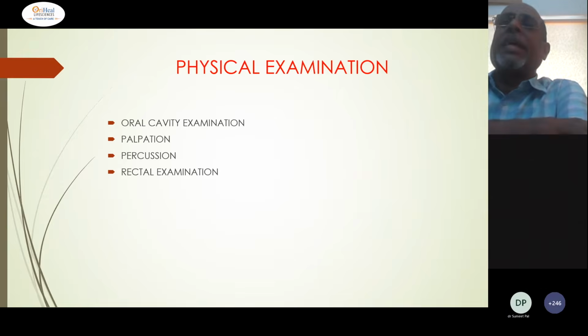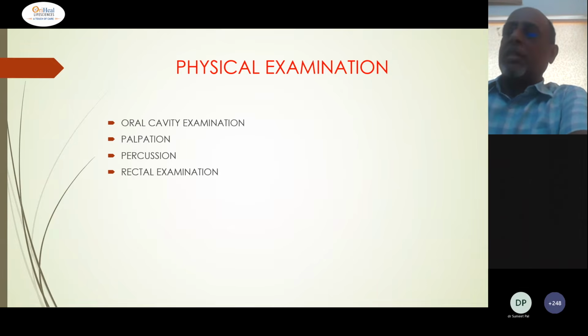And rectal examination to rule out all rectal diseases like stricture, foreign bodies, and fecal impaction. Then of course you will have to rule out prostatomegaly, which causes dyschezia, difficulty in passing motion. All these things you will have to do without fail in a case of small intestinal disease.